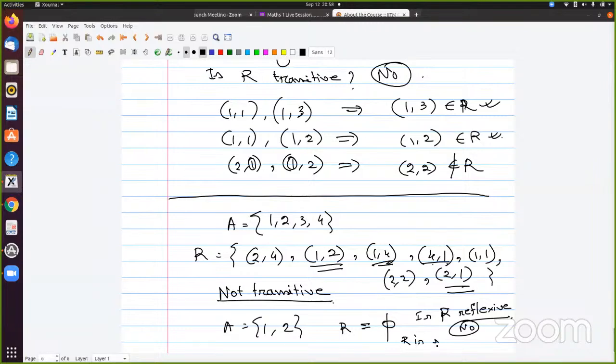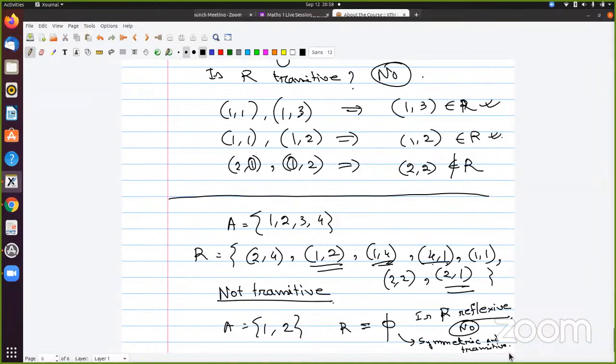Because any pair is not there, so we don't have to check for the opposite pair. Is it transitive? Yes, sir, for the same reason. So it is both symmetric and transitive, but it is not reflexive and not an identity relation. Clear? If set A was a null set, then it is everything.